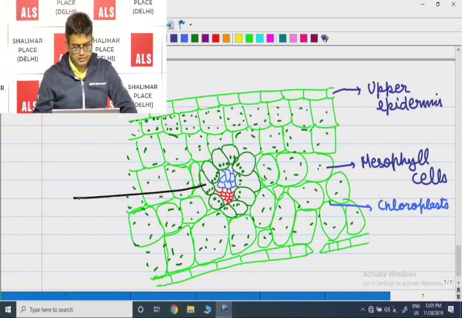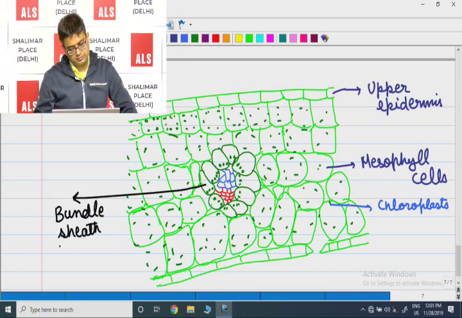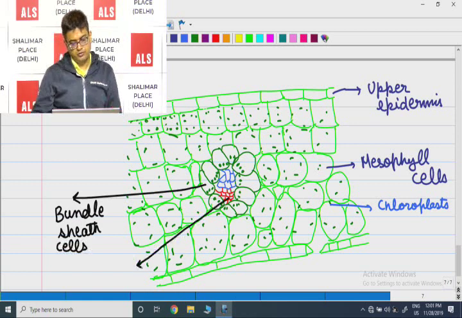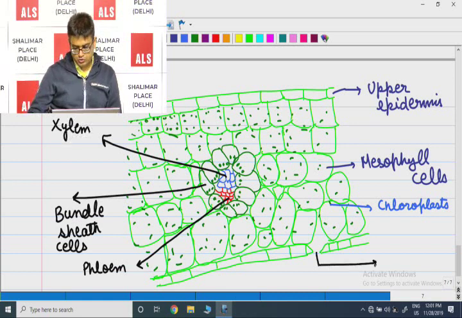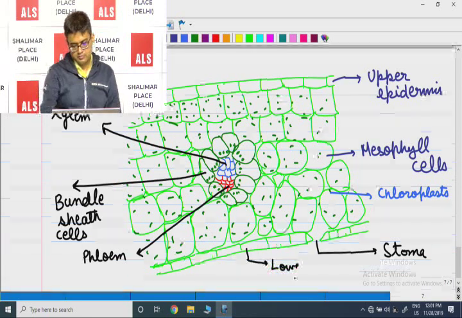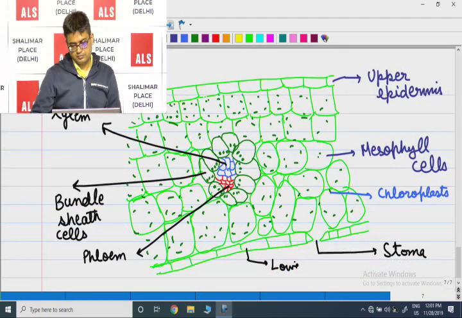These are the bundle sheath cells. This is the phloem. This is the xylem. This is stoma, plural is stomata. Lower epidermis.